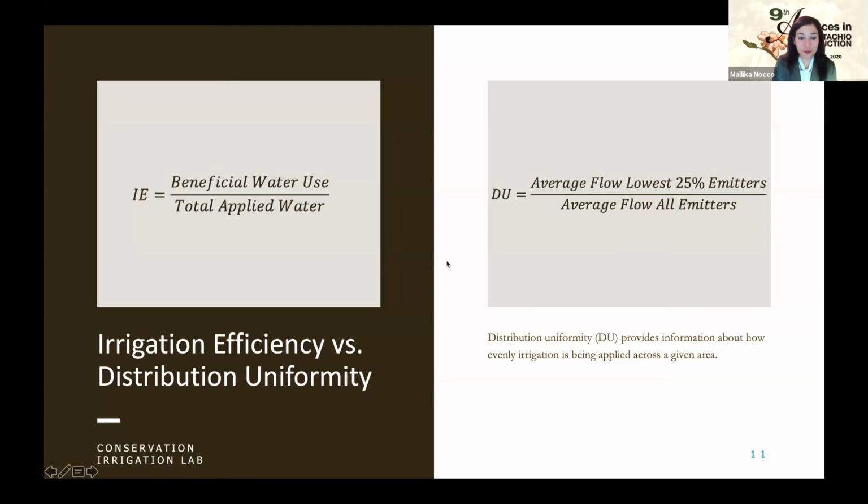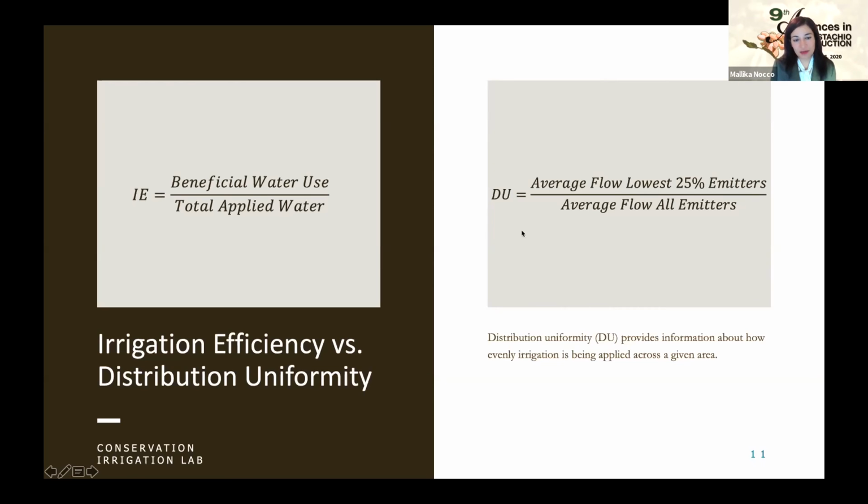And distribution uniformity is just a completely different concept, but it's a term, and it's something you're going to want to measure, and it contributes to your irrigation efficiency. And it can be a really great contributor or detractor of your total irrigation efficiency across your whole operation.